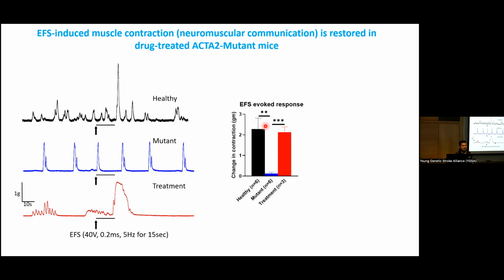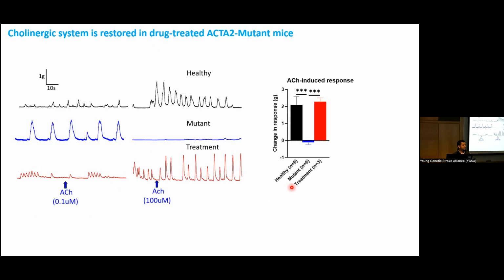Then I came back to my work, the smooth muscle contractility, to see whether we can restore that function. Again, we put the treated mice tissue in the bath and give the electrical stimulus. This time we can see the neurotransmitter can talk to the smooth muscle clearly, and we can restore that smooth muscle contraction. Then we also looked at acetylcholine, the main excitatory neurotransmitter in the gut.